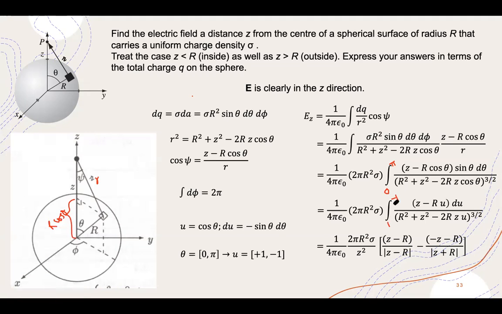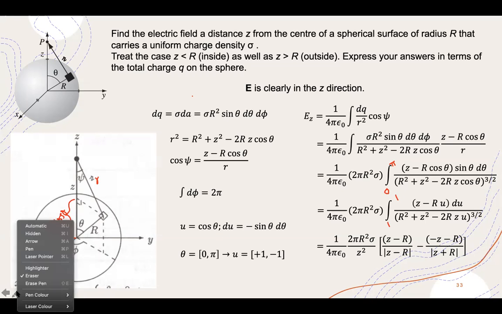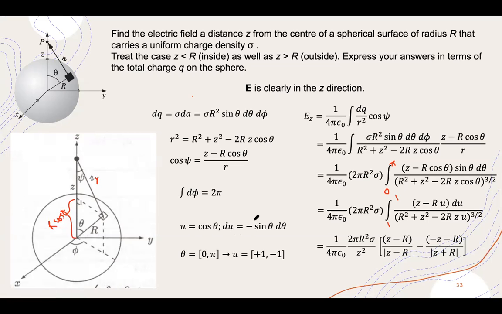Probably I forgot to mention this: you can always absorb this minus sign because you have substituted cos theta as u. So you can put z minus ru, and then sine theta d theta is minus du. So this minus sign can be flipped if I want to have the limits from -1 to +1. Is it clear now? Yes, sir. Thank you. Okay, good.